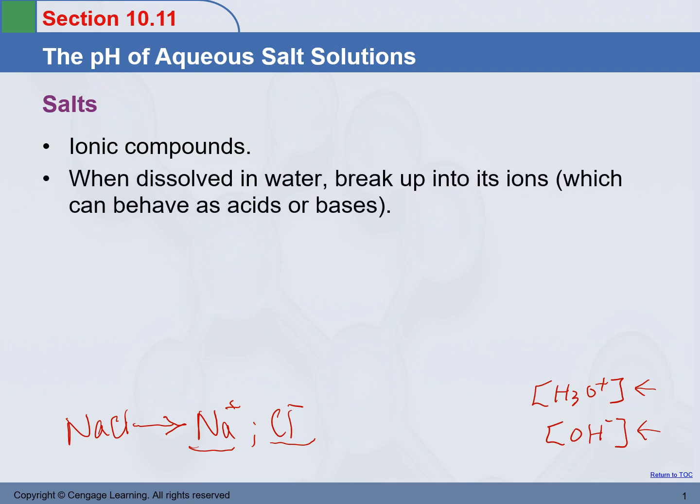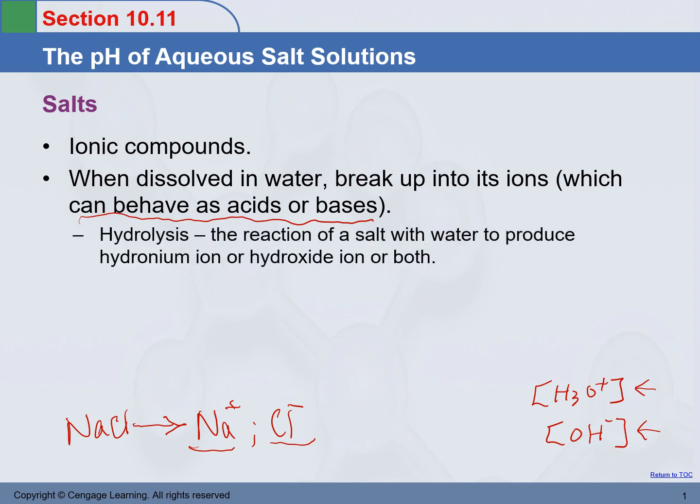So, let's move on. When salts are dissolved in water, they break up into ions. However, those ions can behave as acids or bases. Why? Because some of those ions can react with water.